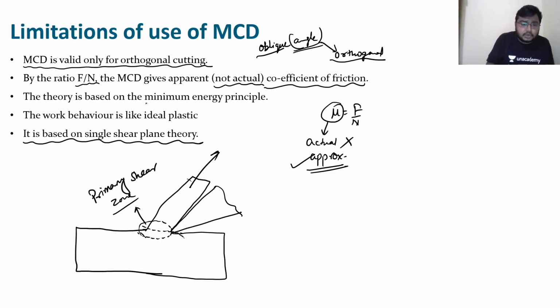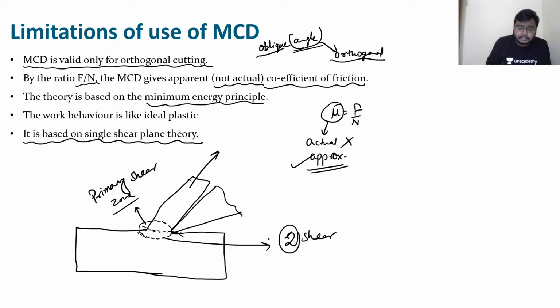The theory is based on minimum energy principle. What is the minimum energy principle, sir? Suppose there are two shear planes. For the first plane, suppose power consumption is 150 watt, and for the other plane, it is 170 watt.